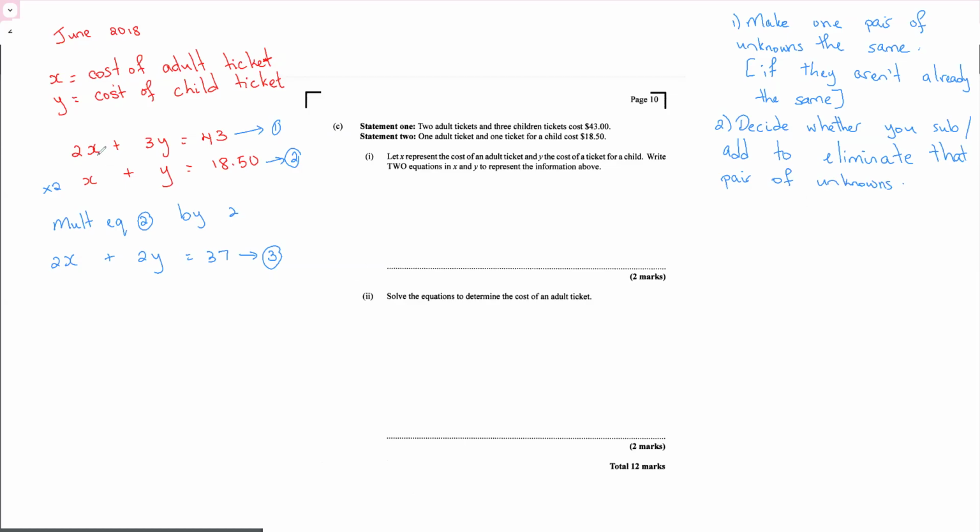Right, so I made this the same in order to work with equation 1. So I'm putting equation 1 back on top of here. So now my equations, my x's are the same. Now, in order to make 0 here, I'll have to subtract 2x, take away 2x is 0.